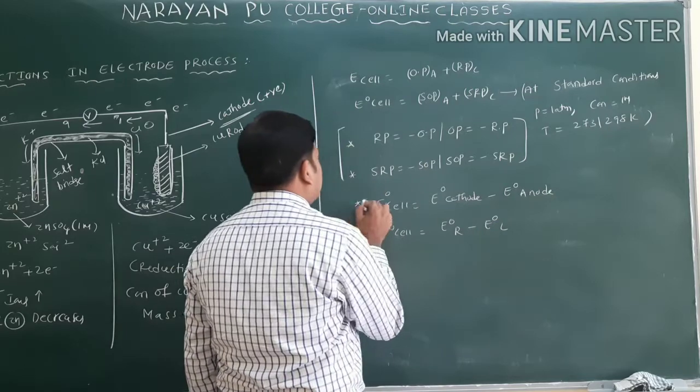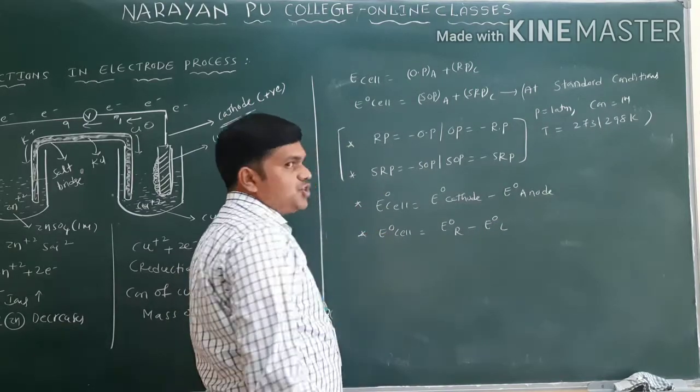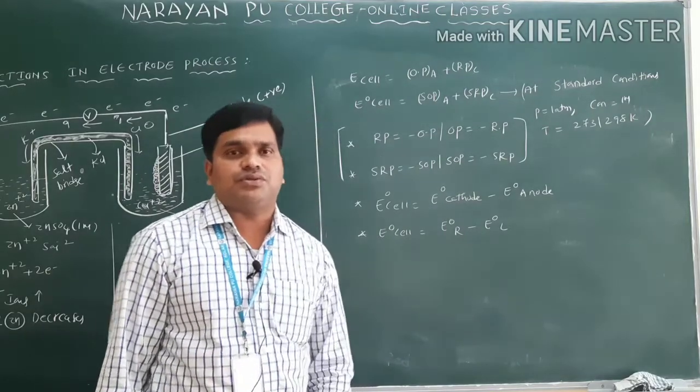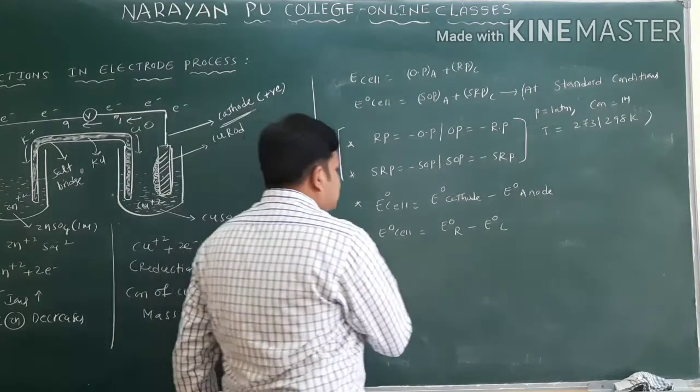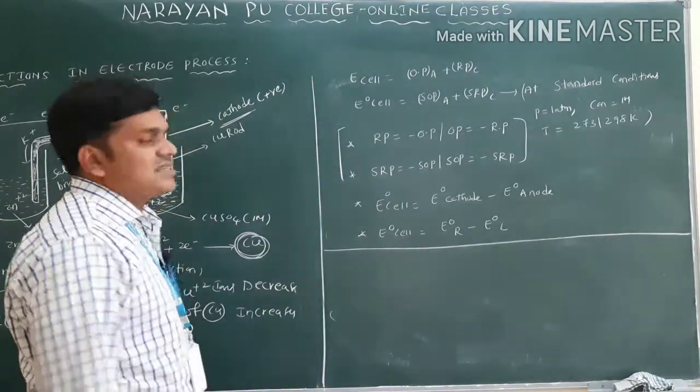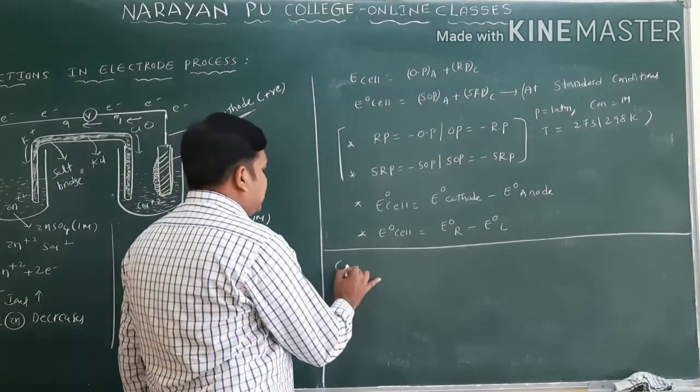These are the two formulas we use to find the E naught of the cell. We also call this the EMF of the cell. Clear? After these formulas, we have to write the cell representation for this galvanic cell. Okay, cell representation.